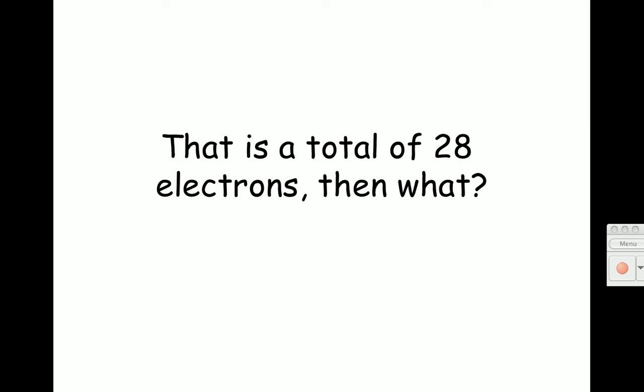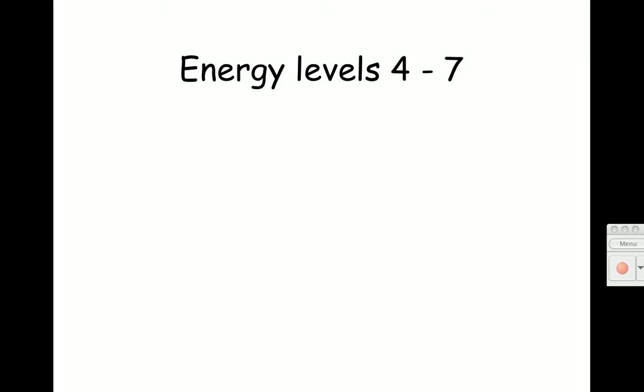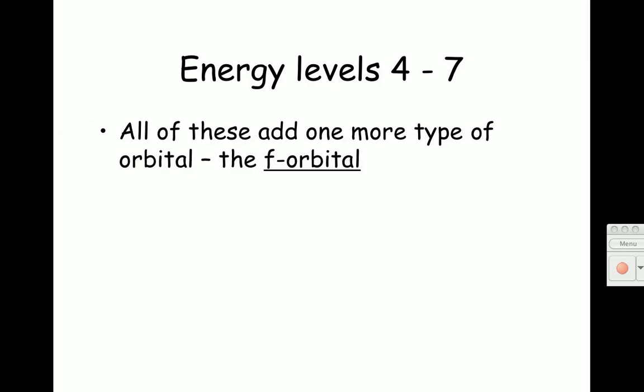And I want to move on to element number 29, copper. So how would I do that? Well, for any energy level, yes, we have to move out an energy level again. For energy levels 4 through 7, actually, I'm sorry, that wasn't copper. For any energy level 4 through 7, we add a fourth type of orbital, the f orbital.